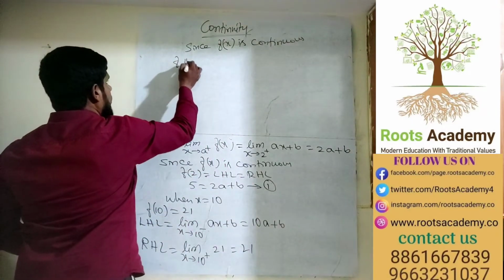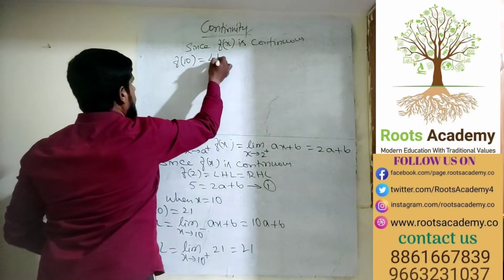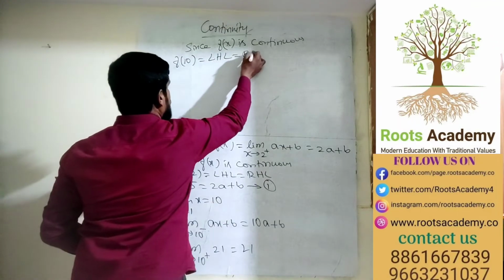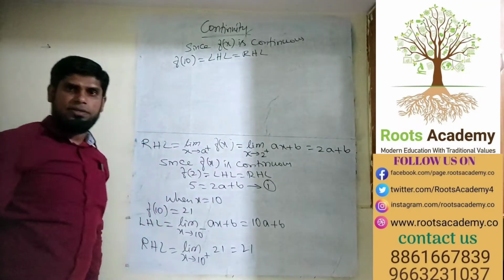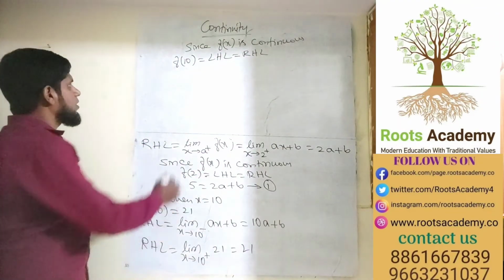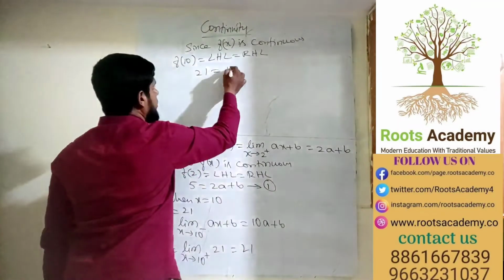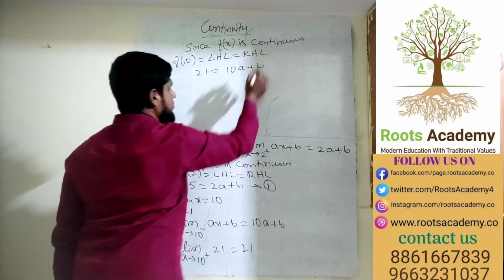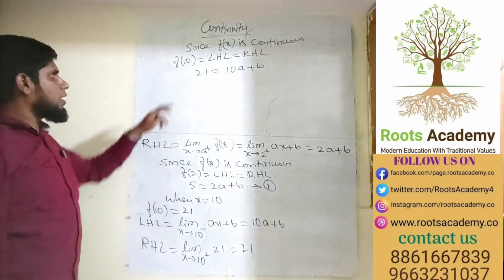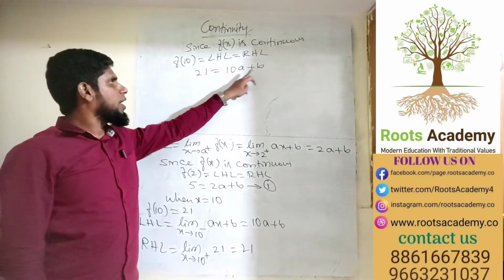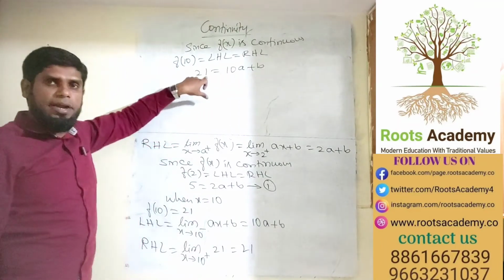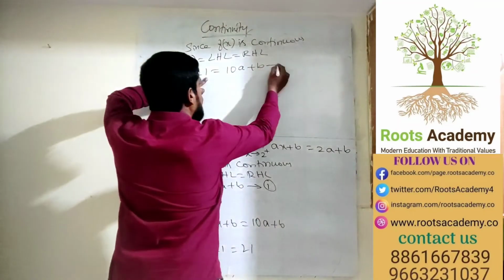So f of 10 is equal to left hand limit is equal to right hand limit. So what is f of 10? It's 21. That is equal to 10a plus b. Again, I got an equation in terms of a and b. So student, this I will call equation 2.